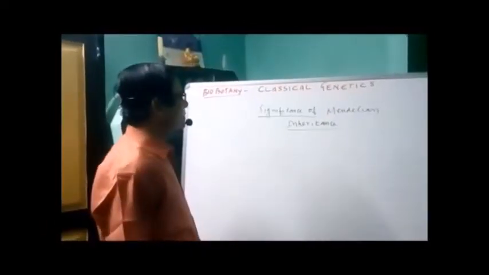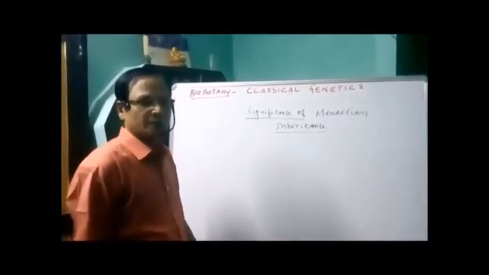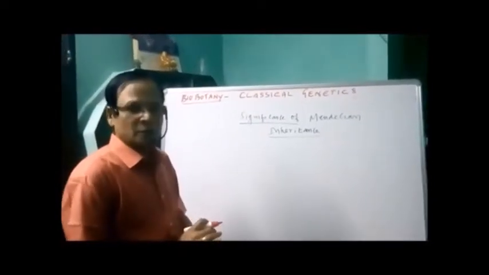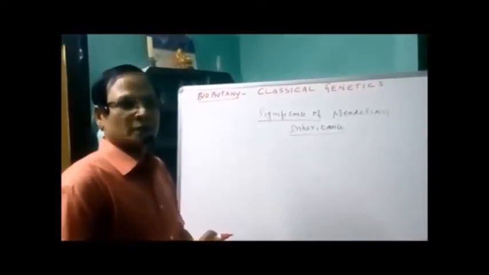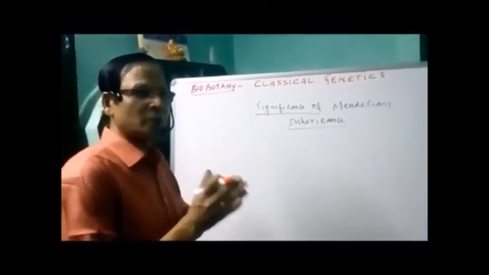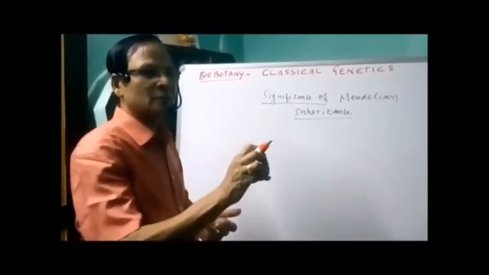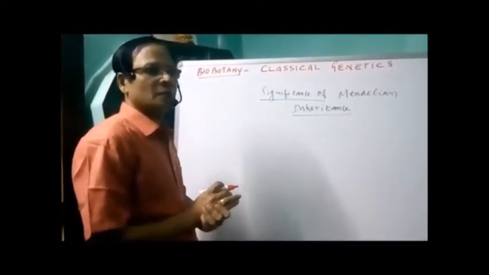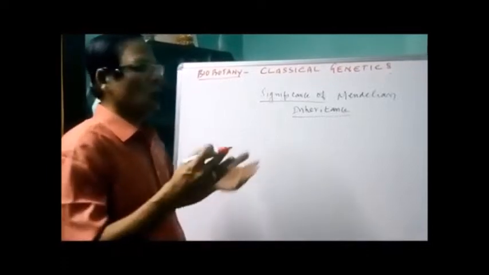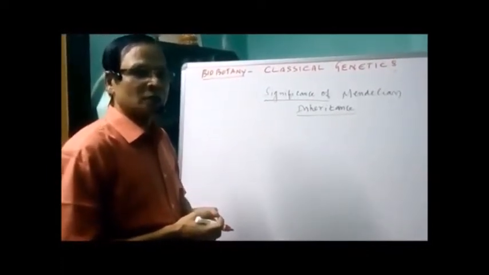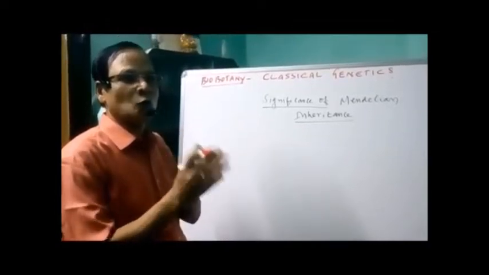What is the significance of Mendelian inheritance? Normally Mendel worked out the rules of inheritance. He followed the rules strictly and arrived at the correct mechanism of inheritance, even before the knowledge of chromosomes, DNA, genes and the cellular mechanism became known.